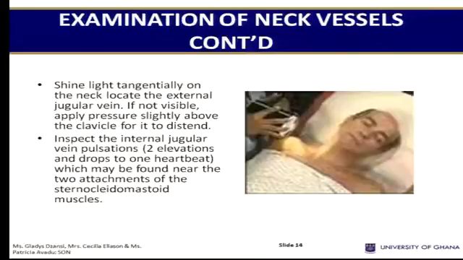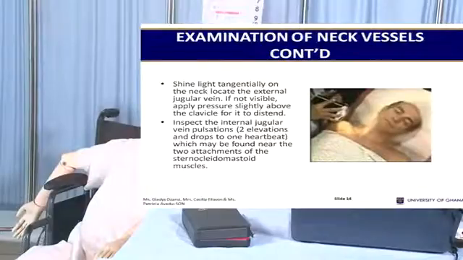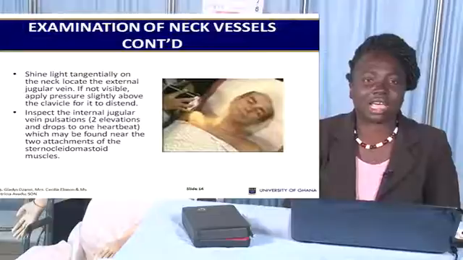If this is not possible, then you need to apply pressure slightly above the clavicle. So if you can't see the jugular vein, you put a little pressure whilst the neck is turned, and as you press on, the veins will dilate, so you are able to see the jugular vein. And you do it on each side of the neck.